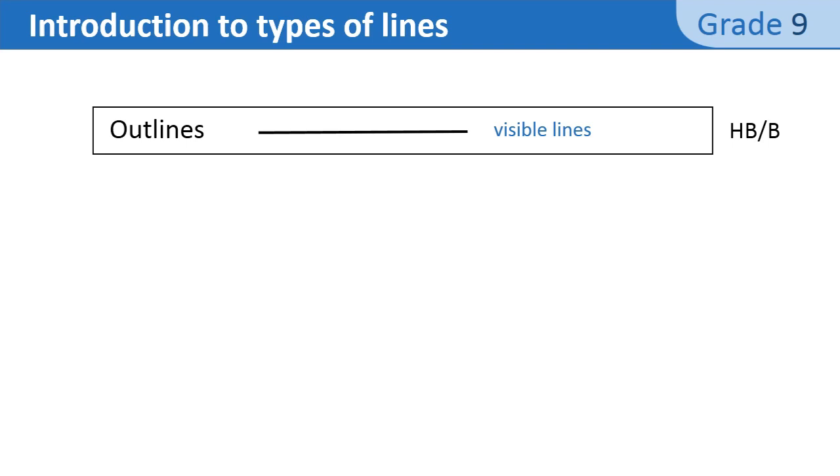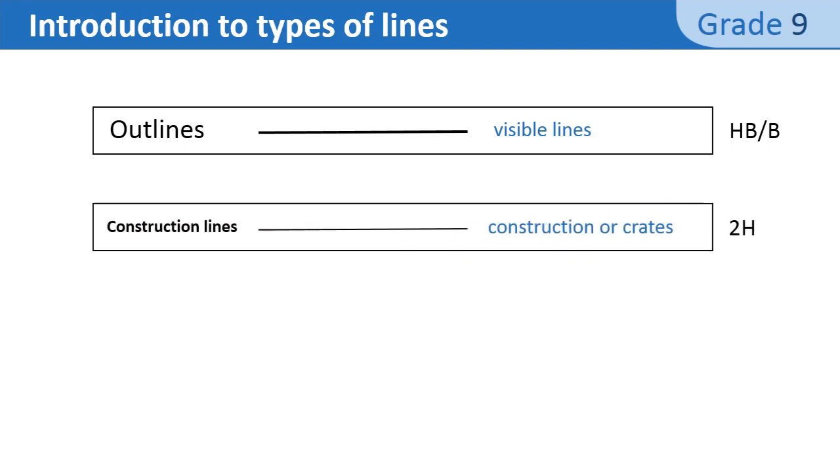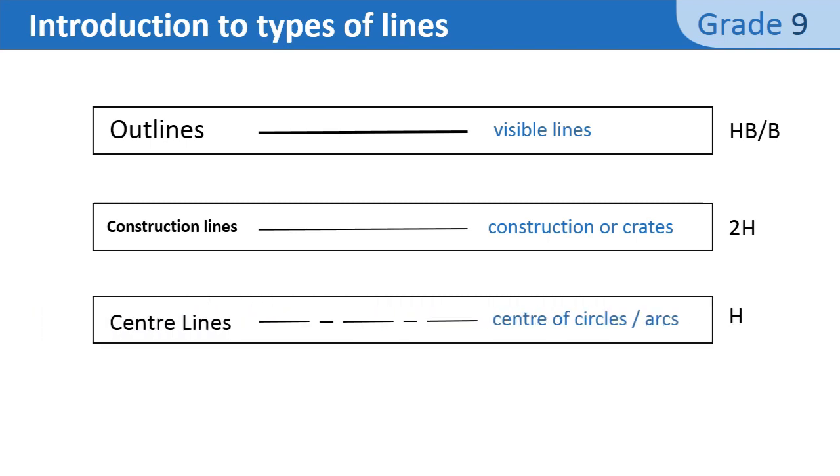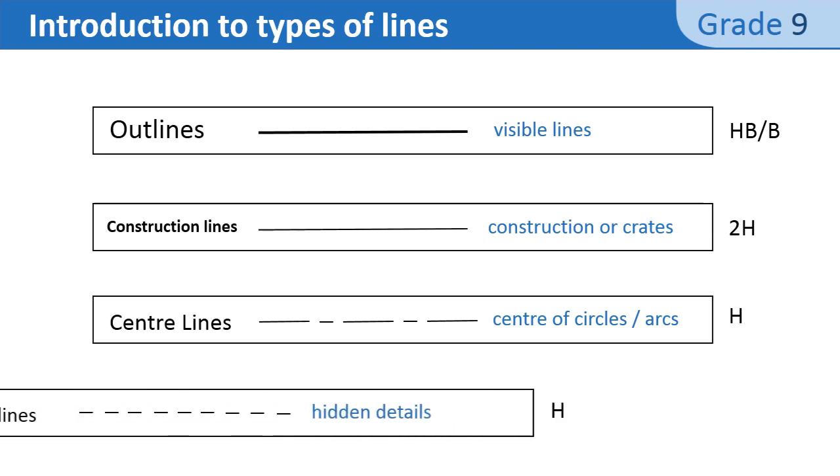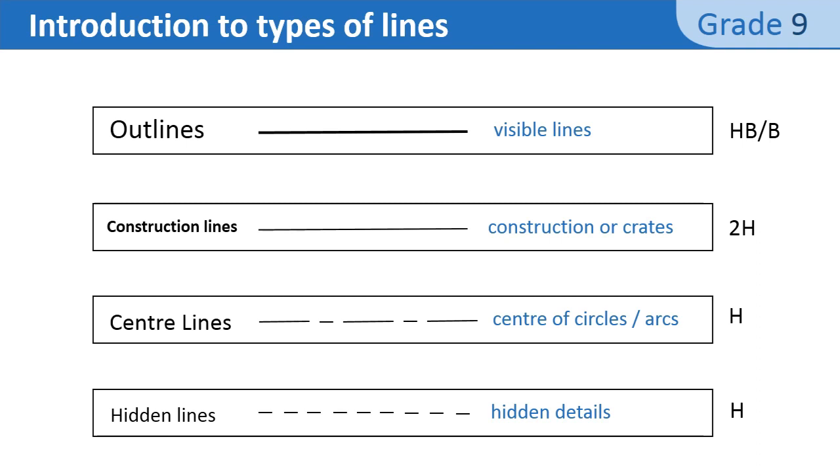Next we have construction lines. They are thin and we use them for construction purposes or crates. Also we have the center lines, representing the center line of circles, semicircles or arcs. And finally we have the hidden lines, used to represent hidden details.